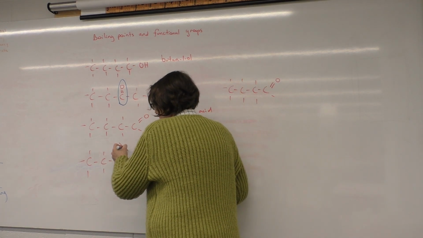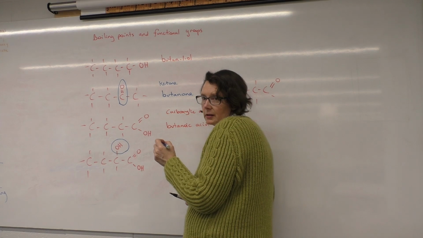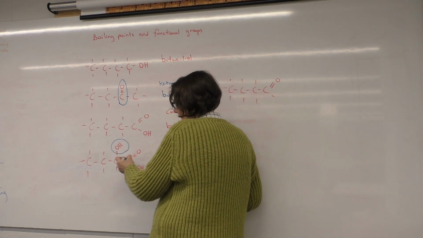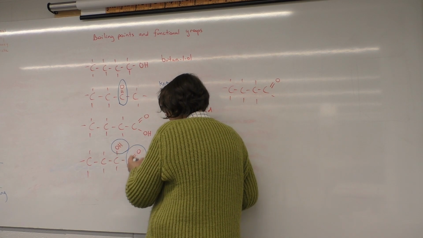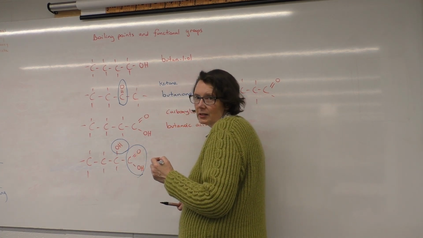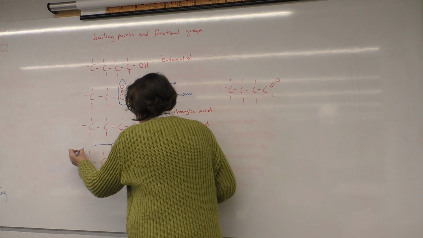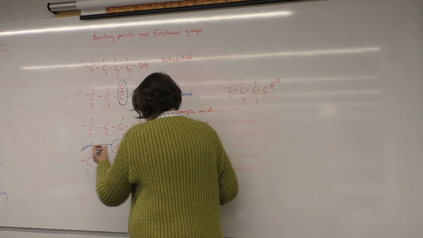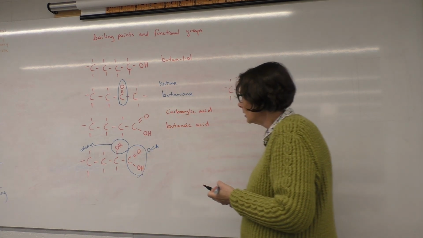Hydroxyl. The hydroxyl, and basically, well, we've got the carbonyl and hydroxyl off the same carbon, and so what we have here is just the acid. So this is an alcohol functional group, and this is an acid functional group.